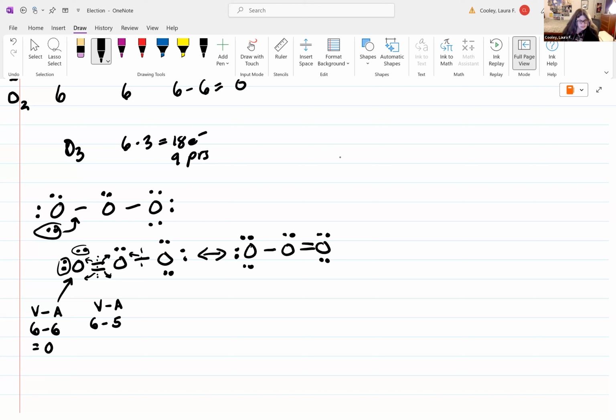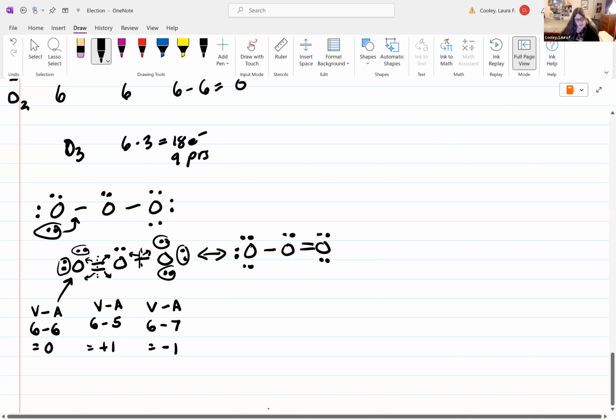Yeah. So that's +1. And then here we have valence minus actual. The actual is 2, 4, 6, and half of this, so that's 7. 6 minus 7 is -1.